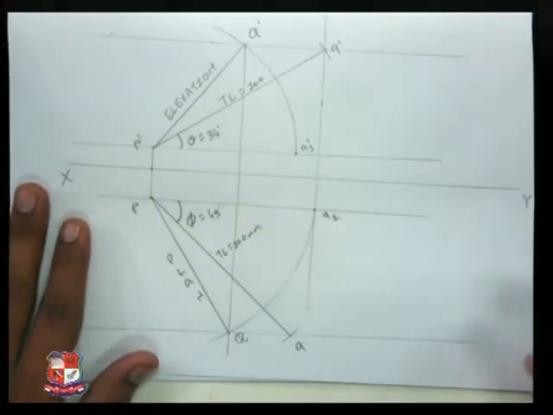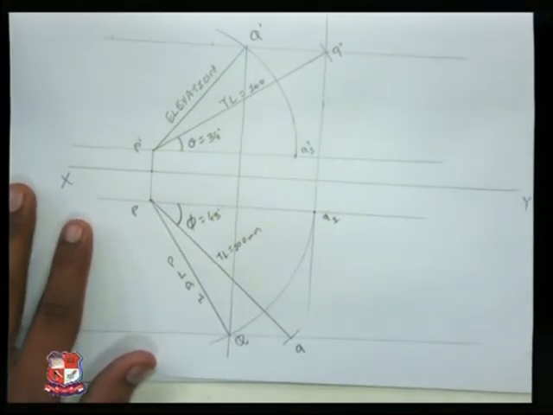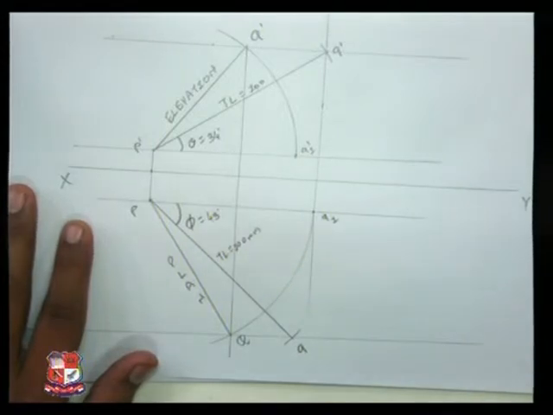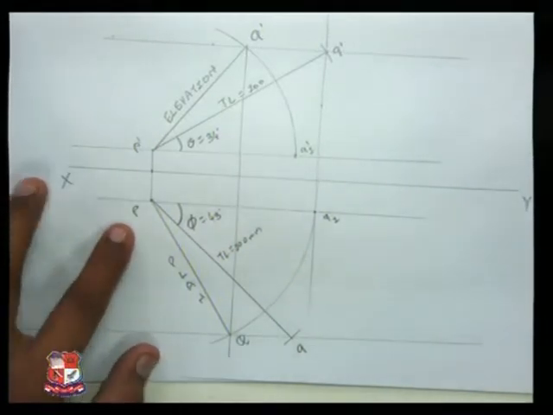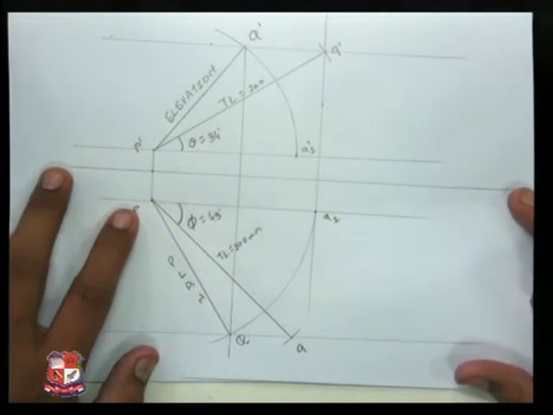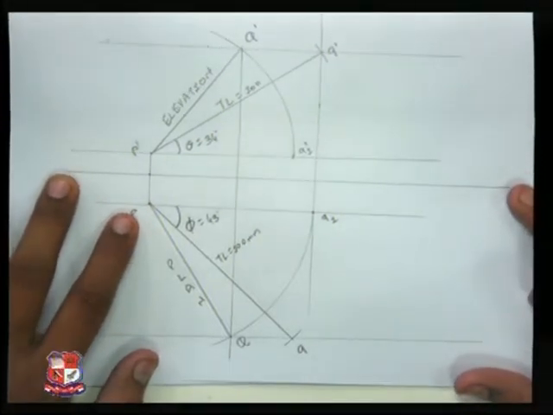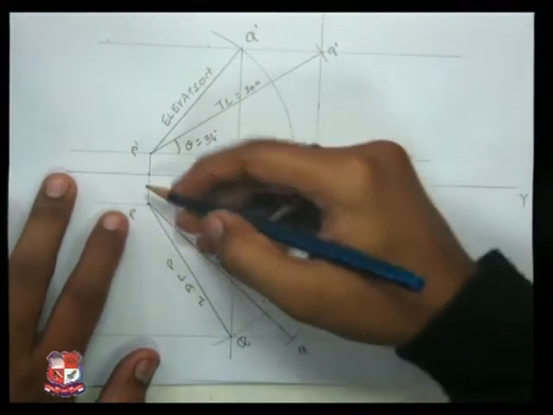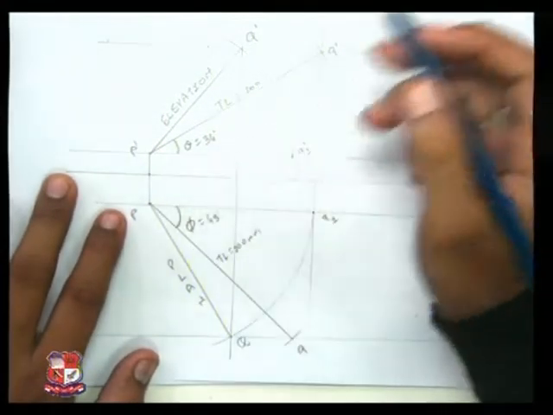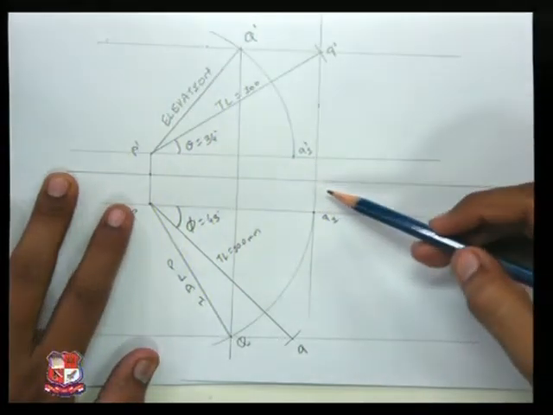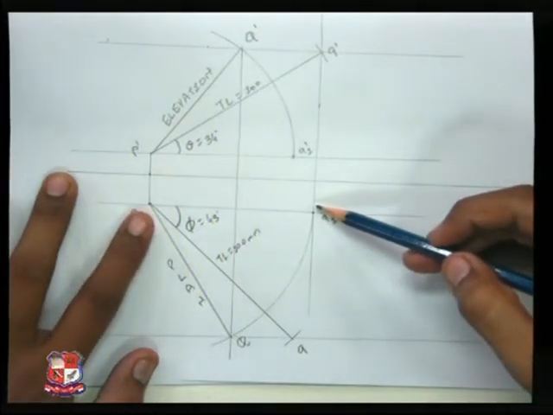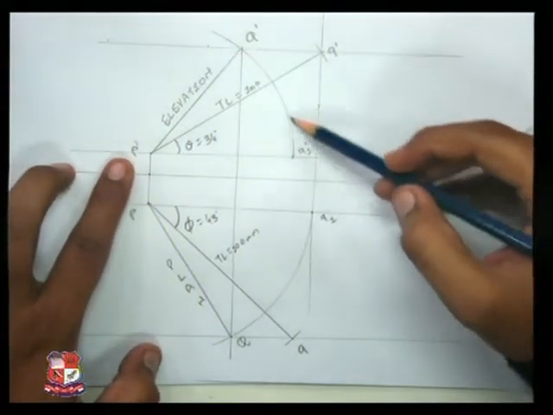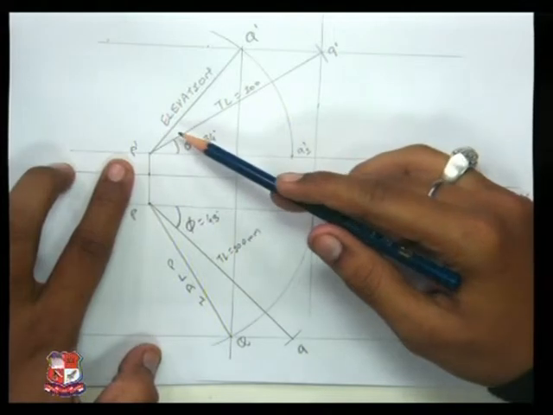Again, we will repeat the procedure. First of all, we write the given data so that we don't miss any important data. In the projection of line, we draw the XY line and take the location of P and P dash. Then we have been given the elevation and plan length, so from P dash we take the radius and get the elevation.